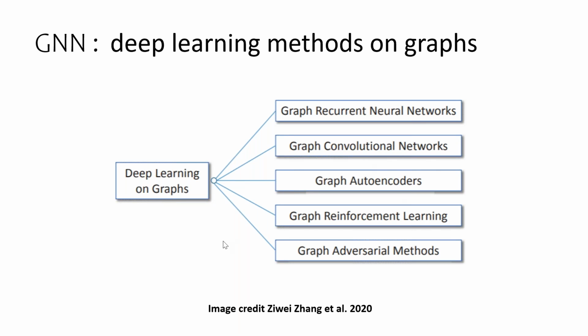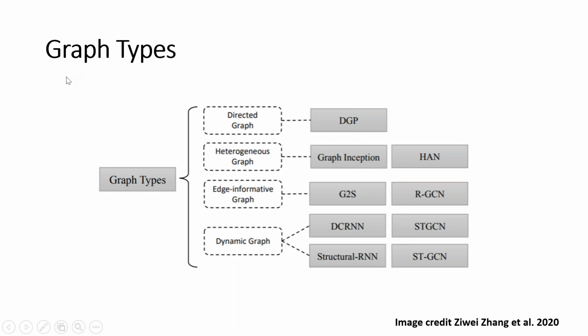Okay, so with that note, I'll go ahead and see the graph types. There is a huge variety of graph types like a directed graph, heterogeneous graph. There could be an edge informative graph, dynamic graph.